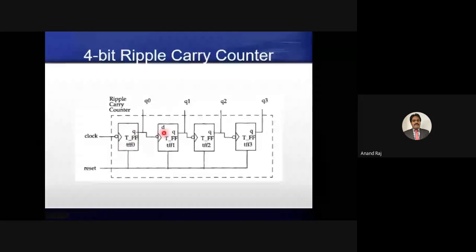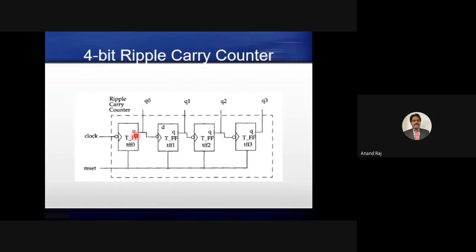Meaning, when the flip-flop gets the active clock, the Q will, if the previous value of Q was 0, it will become 1 now. If the previous state was 1, on getting an active clock, it will become 0. And you can see the reset signal is active high, and it is given to all the flip-flops. The outputs Q0, Q1, Q2, Q3. Here Q0 is the least significant bit and Q3 is the most significant bit.